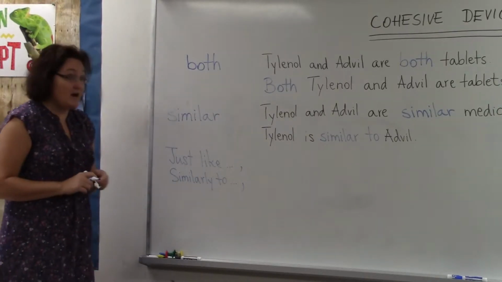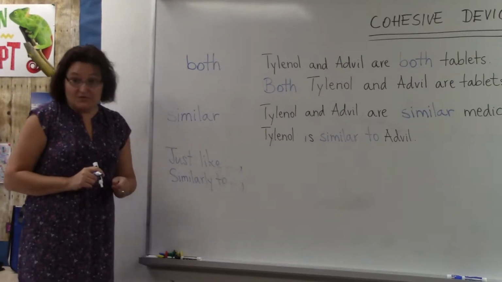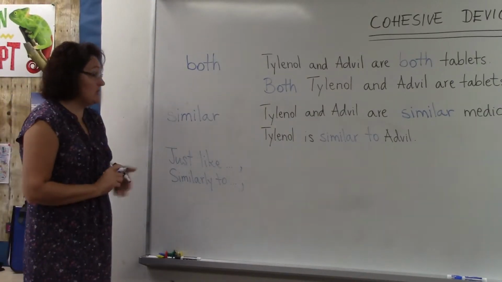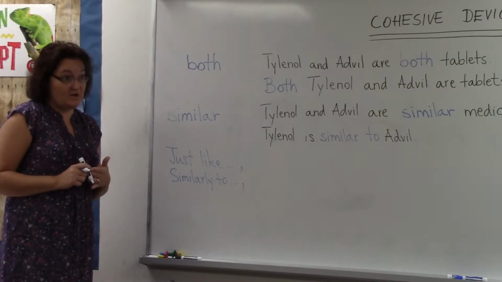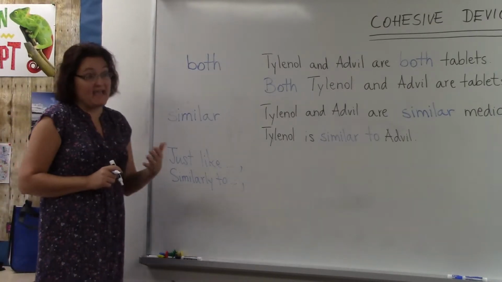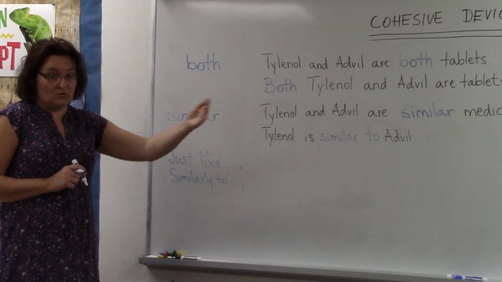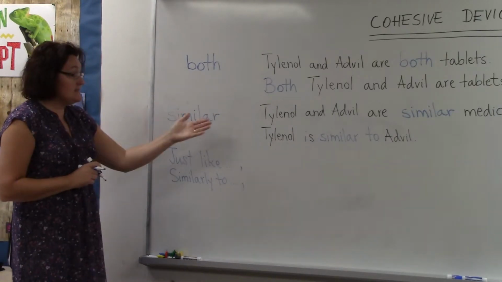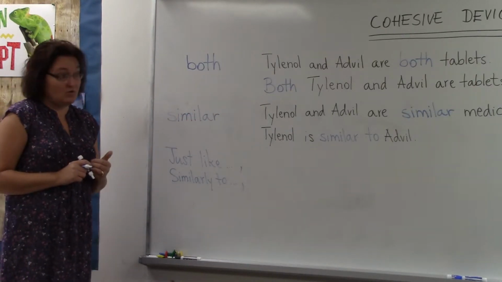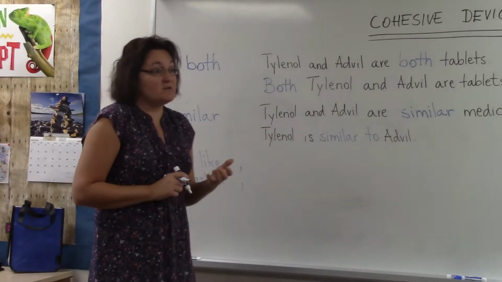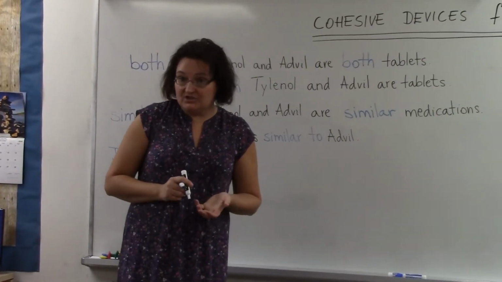Notice the three dots. This continues, so we're going to mention one of the items that we are comparing. So just like A, B is also something. Just like Tylenol, Advil is also a pain medication.